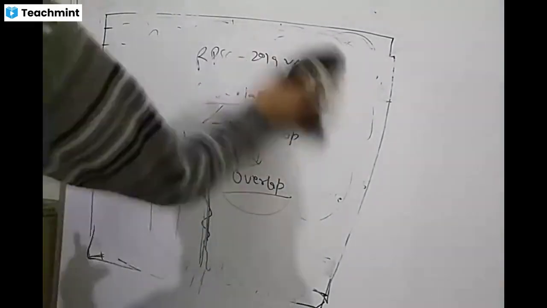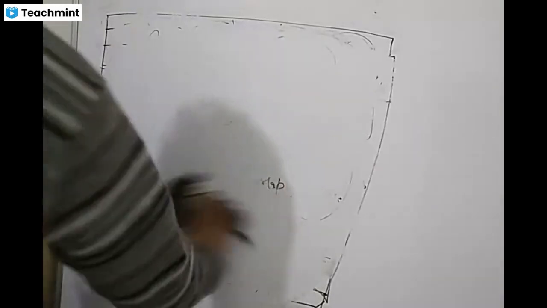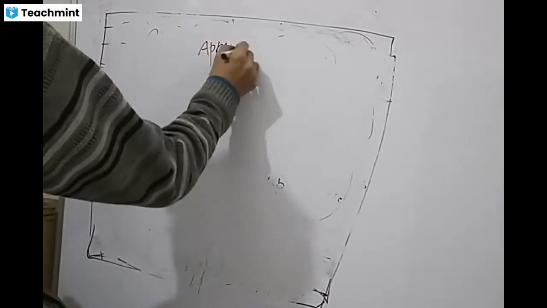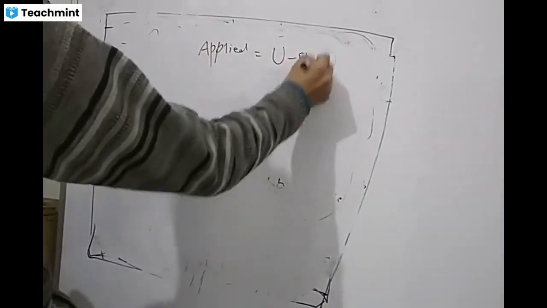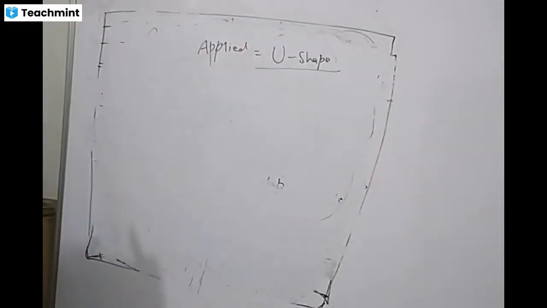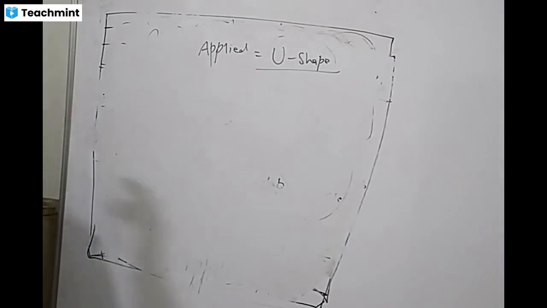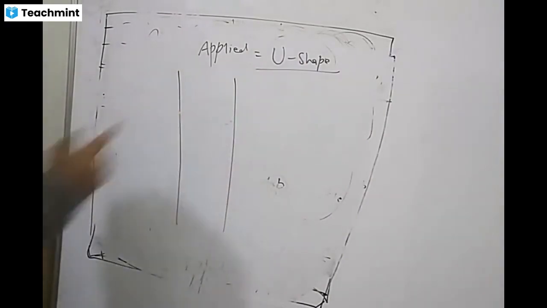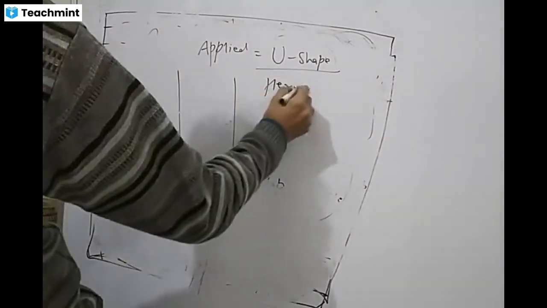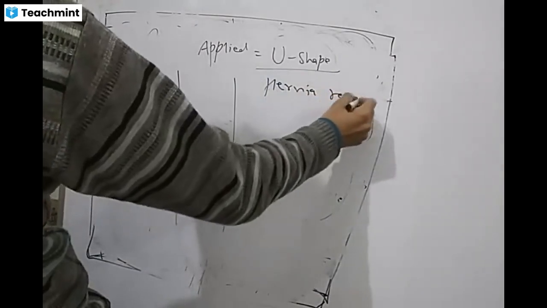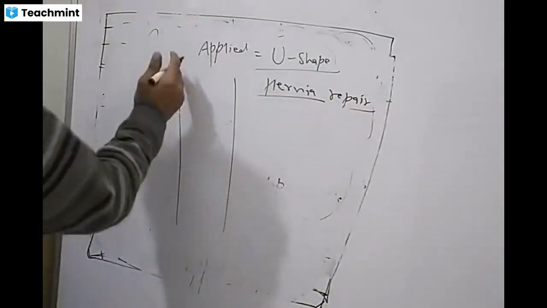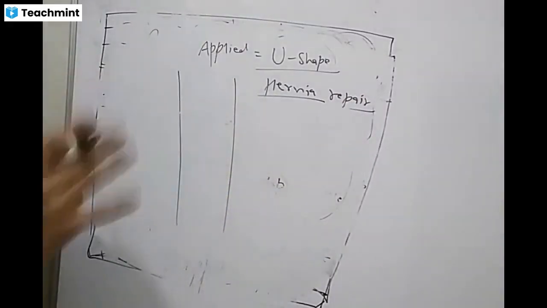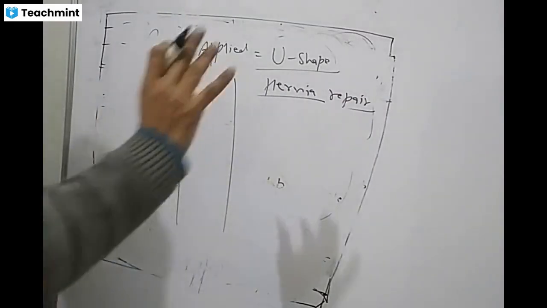Overlapping suture pattern is applied in U shape. How is it applied? For example, in case of hernia repair, suppose these are the two edges of the hernial ring and we want to close the hernial ring.